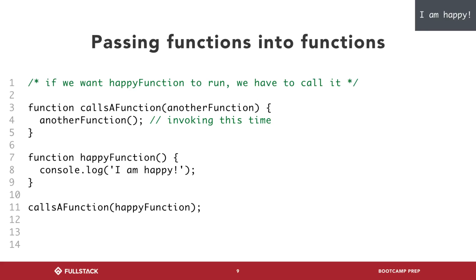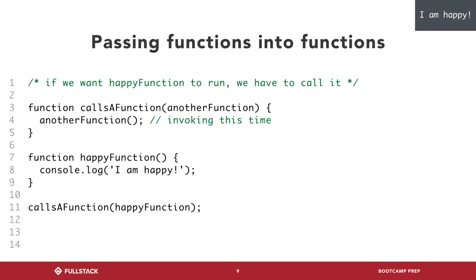Well, so now we're talking about scope again, right? Because remember, how do we determine where to look for a variable? We look in our own scope first, bottoms up, and then if it's not in our scope, we look in our parent scope to see if there's anything there too. If I add, let's say here on line 10, let happy function equals a string, when calls a function looks for happy function, it will look in its own scope first.